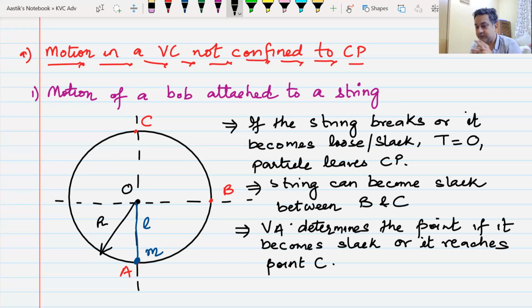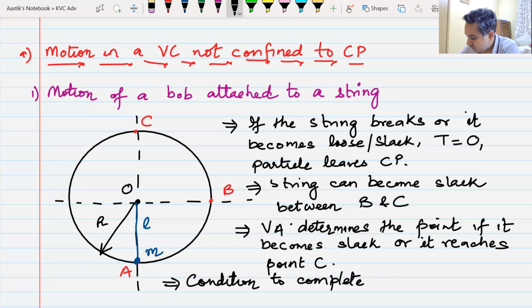What is the condition for the body to complete the circular path? Condition to complete circular path.